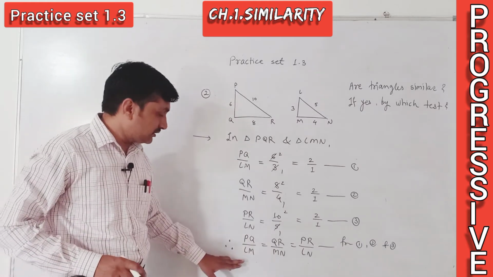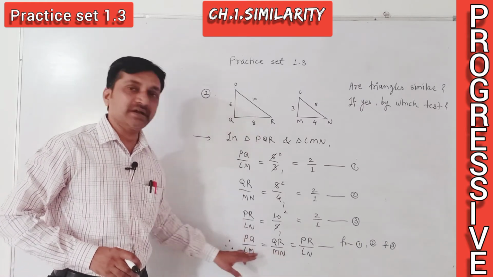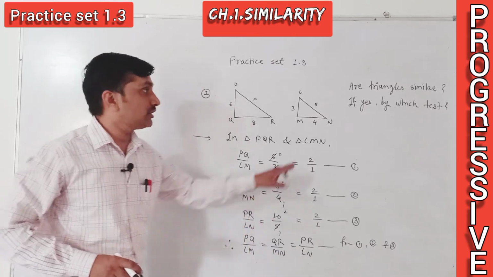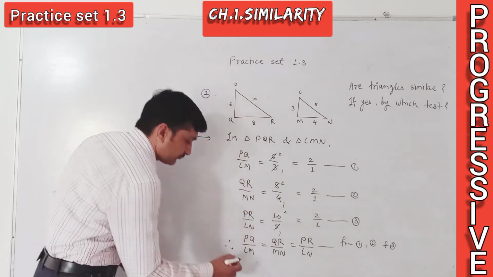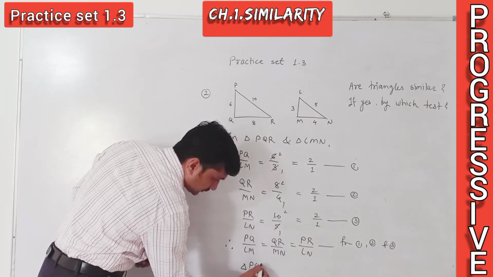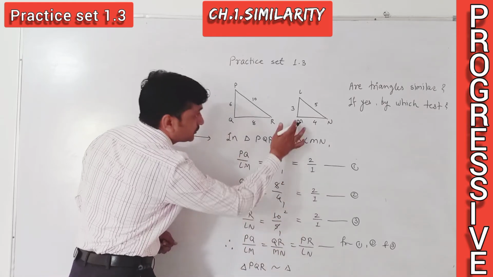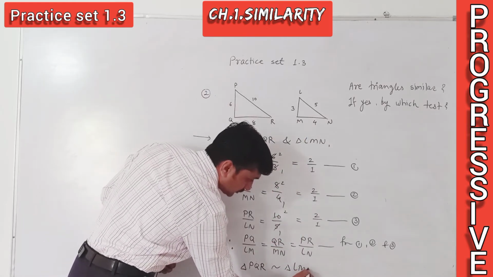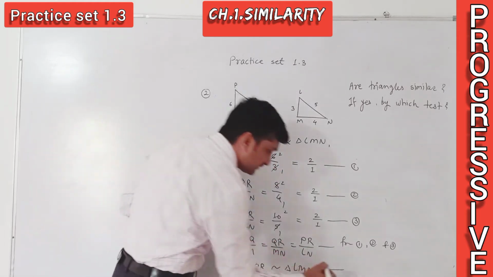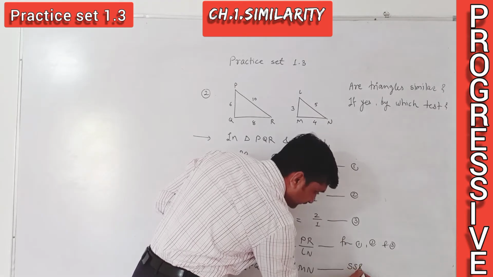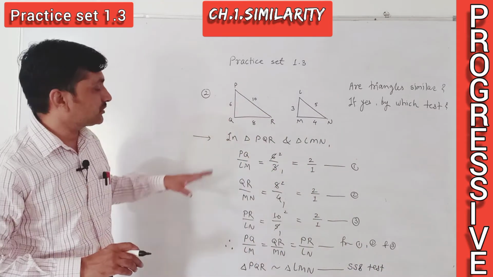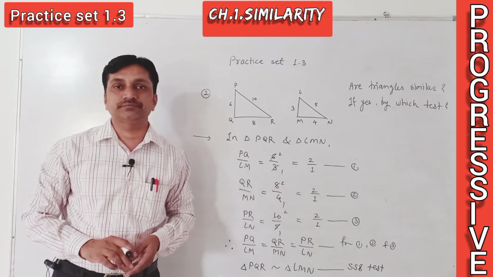Now we can say, if all three corresponding sides are in proportion, then the triangles are similar. Therefore, triangle PQR is similar to triangle LMN. Now, by which test? All three corresponding sides are in proportion. That's why SSS test. There is no angle here. By SSS test. In this way, we can solve this example.